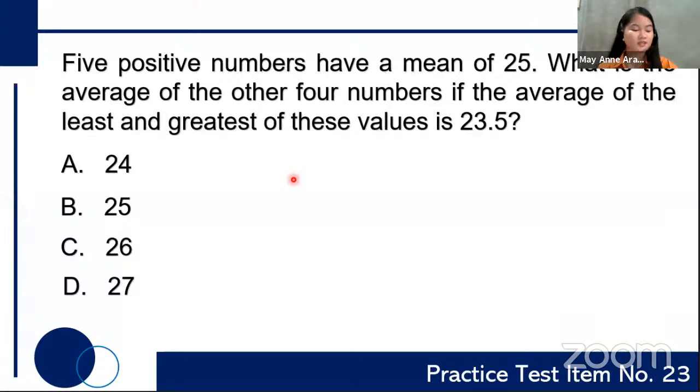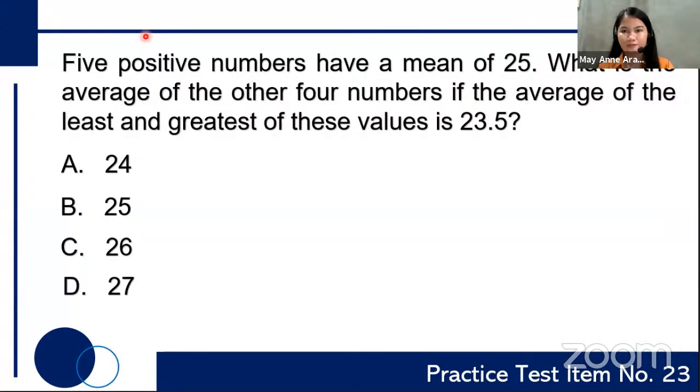So, in this type of problems, consider nyo yung sum. O, kapag dun sa 5 positive numbers, what is the sum? If the mean is 25. So, multiply nyo lang. Okay.